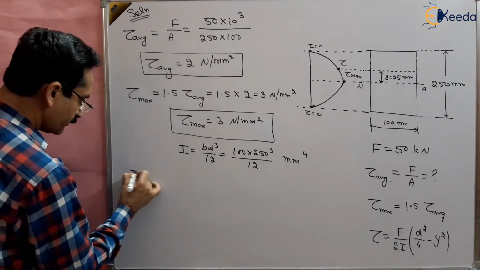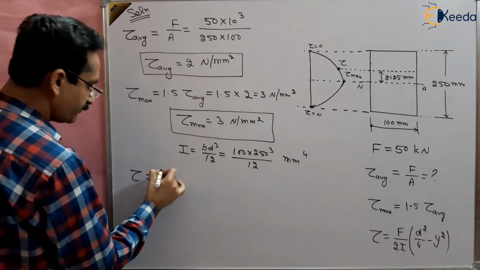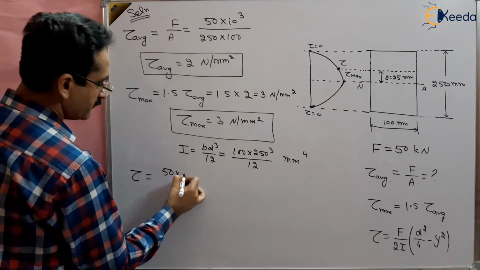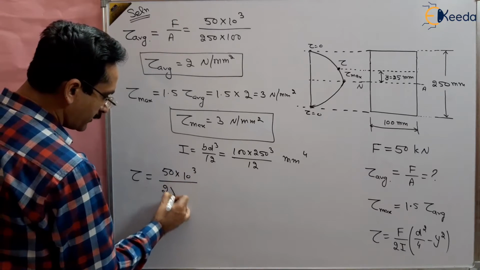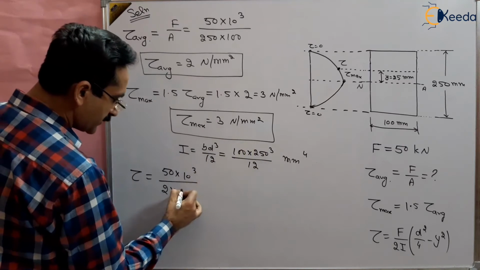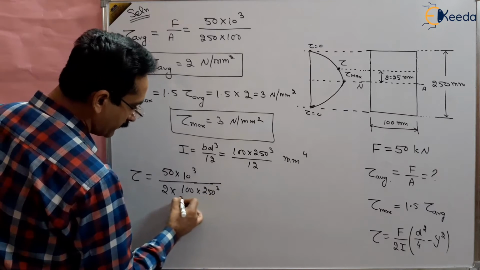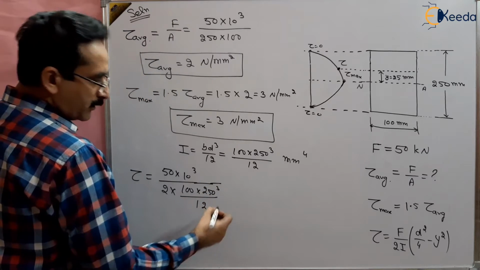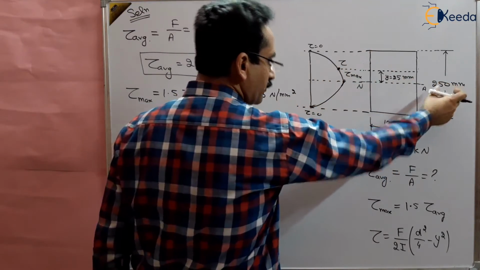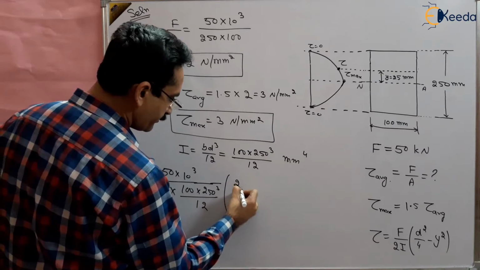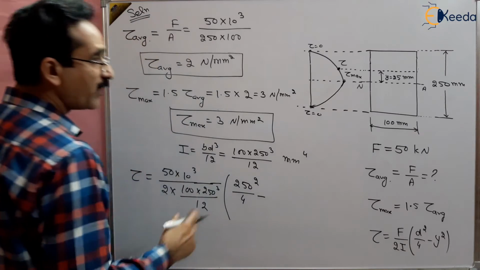So tau will be equal to F. Maximum force is given 50 multiplied by 1000 Newton divided by 2I. I is this value, 100 multiplied by 250 cube by 12, multiplied by D square by 4. D is the depth, this is 250. So 250 square by 4 minus y square.